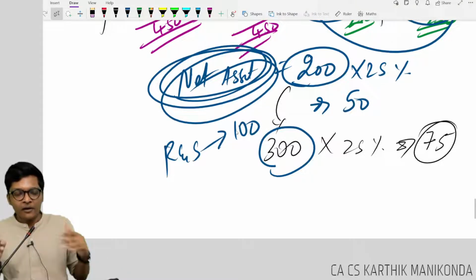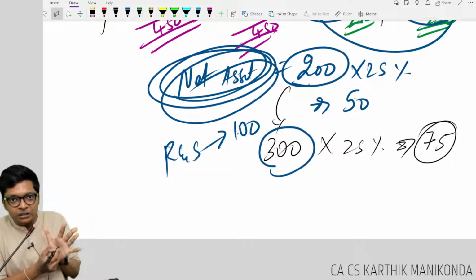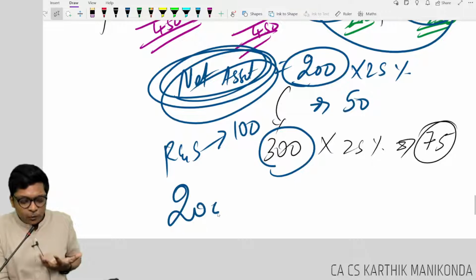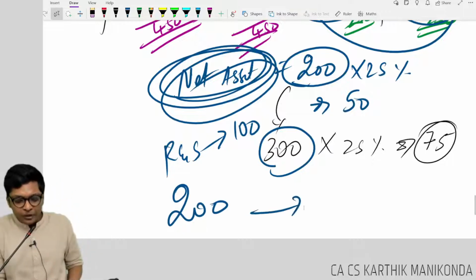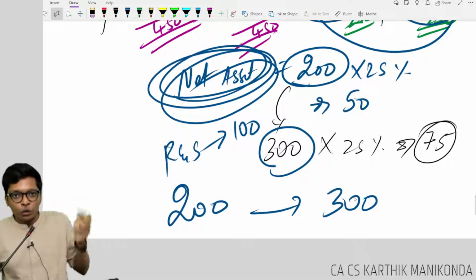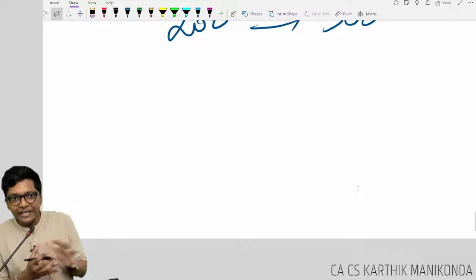So they are saying, forget assets and liabilities, focus on shareholders funds of associate. The shareholders funds when I invested was 200, now it became 300, so I am also benefited. What is my benefit? 25% of increase. So they are saying, focus on the shareholders funds.